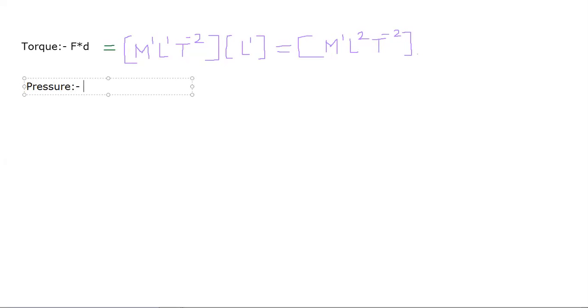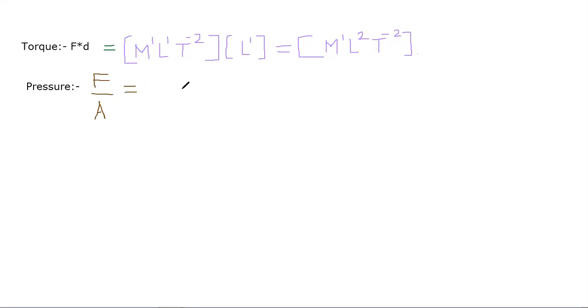So how can you find the pressure? The formula for pressure is again force per unit area. Force per unit area is the pressure. Pressure exerted on the object.